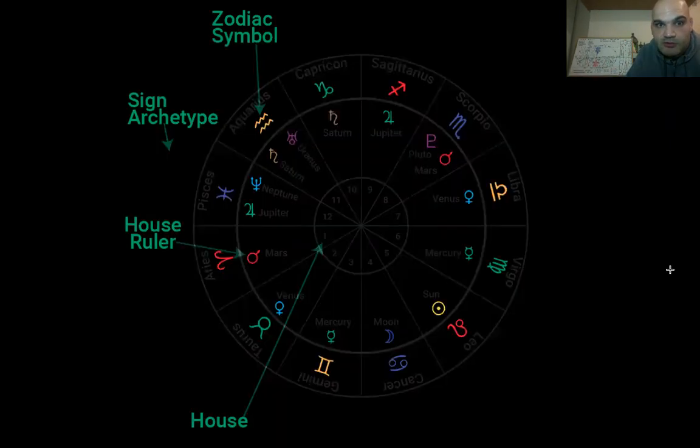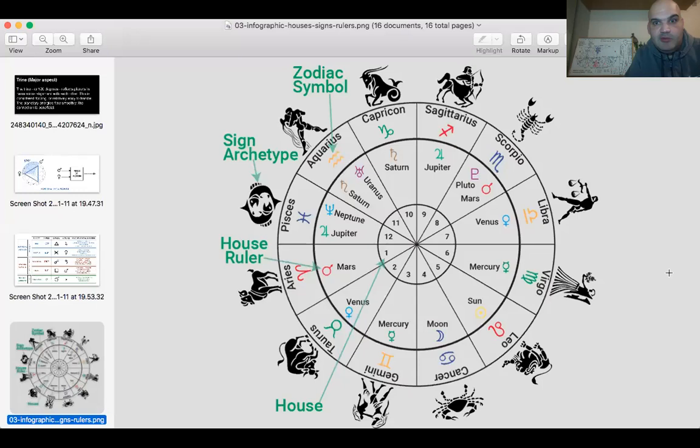So let me just move on. Escape so we can see this like this. So that's the basics of how to look at the aspects. For example, if you had a planet in Aries and then a planet in Libra, that would be an opposition. If you had a planet in Aries and then a planet in Gemini, that would be a sextile.